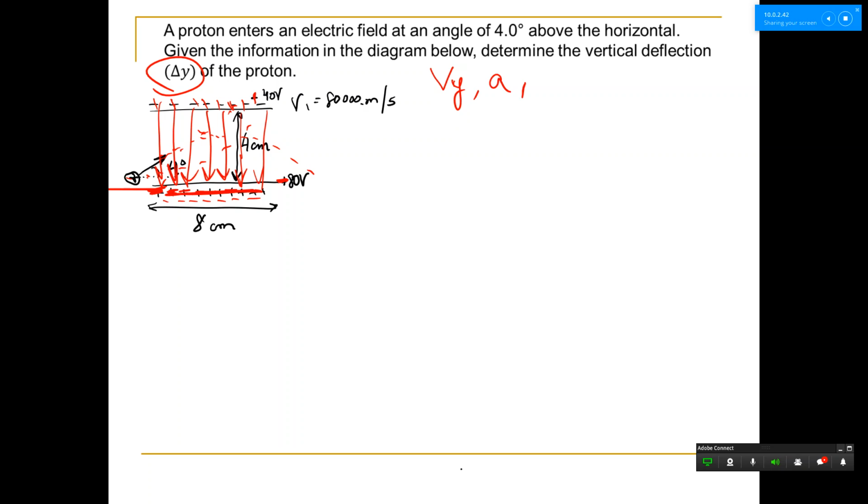Time, absolutely. And the one the question is asking for, distance, delta dx or delta dy. We don't know yet, but these are the important things that we're going to need to know. We definitely are going to need acceleration, so let's solve for that one first.